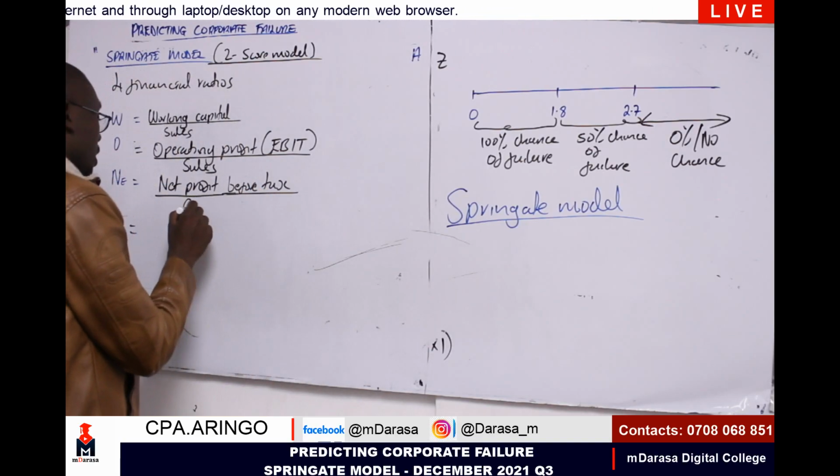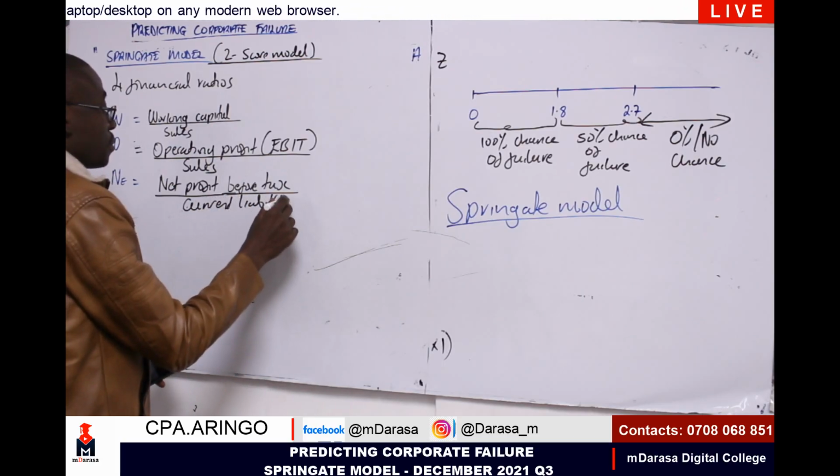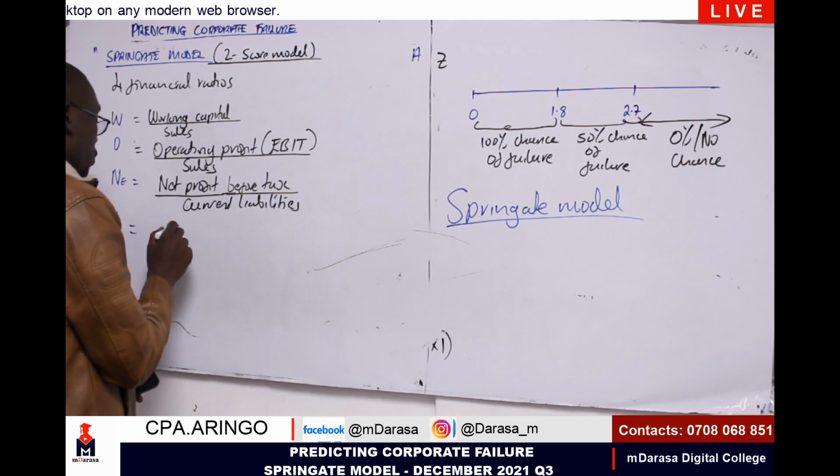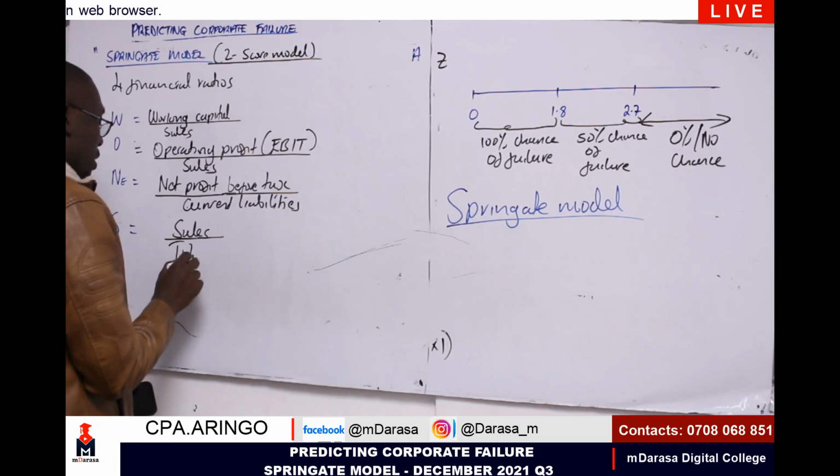We divide by our current liabilities. Whereas the last one is sales divided by our total assets.